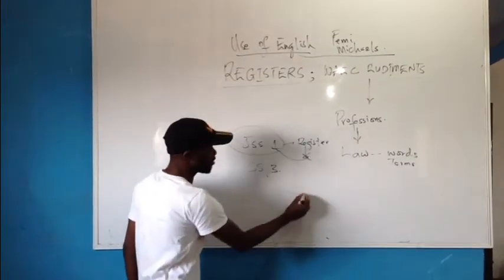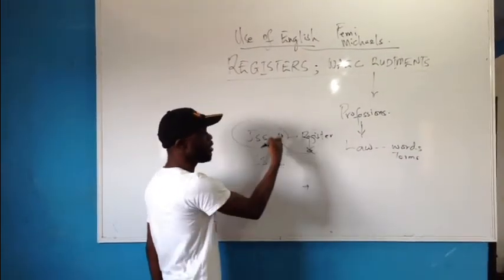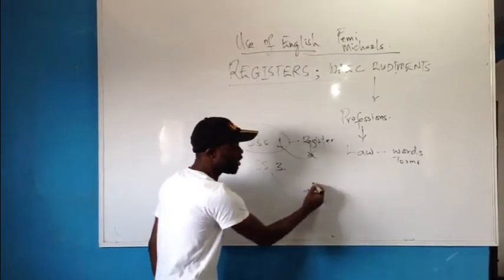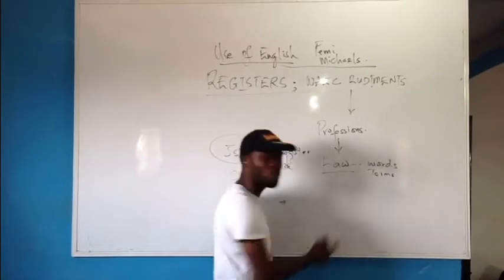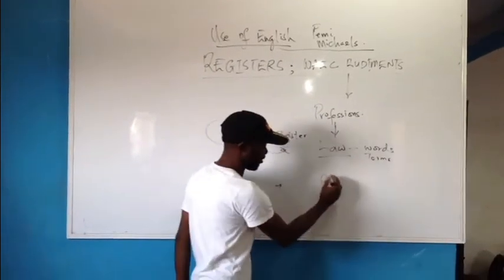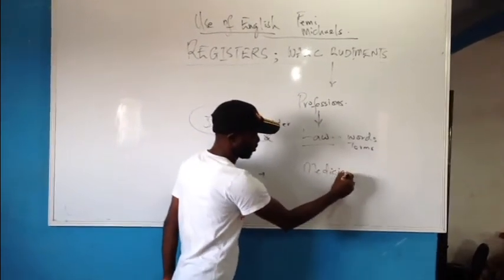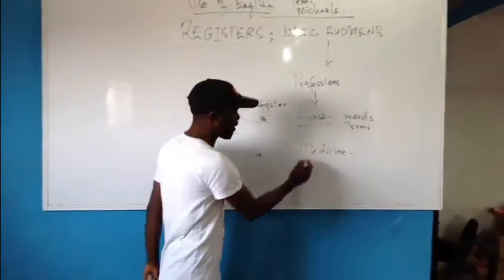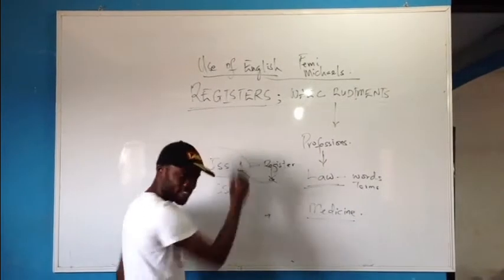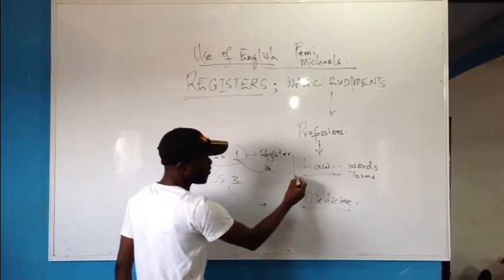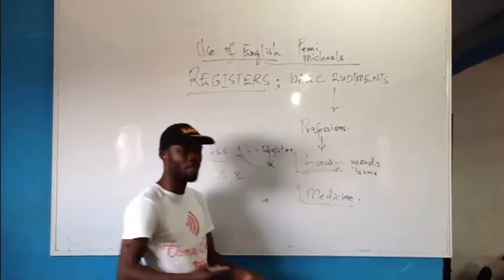By the time you get to SS3, you don't expect to find the names of students in JSS1 in the SS3 register. Therefore, you don't expect to find words under law in medicine. They are specific to each profession. So we call it what? Registers. So there are words that are registered under each profession.